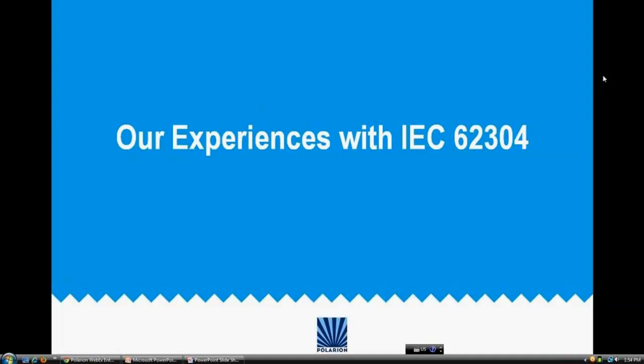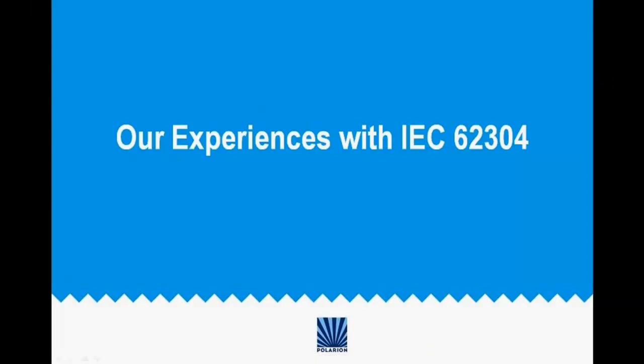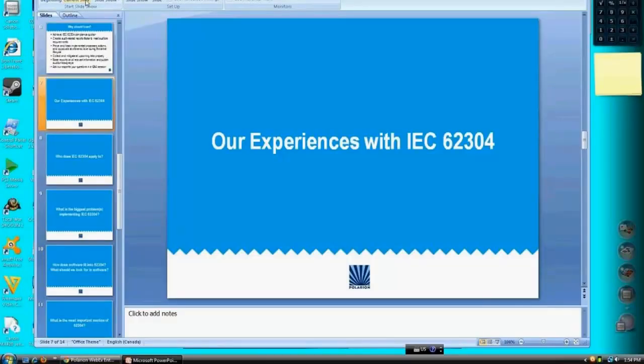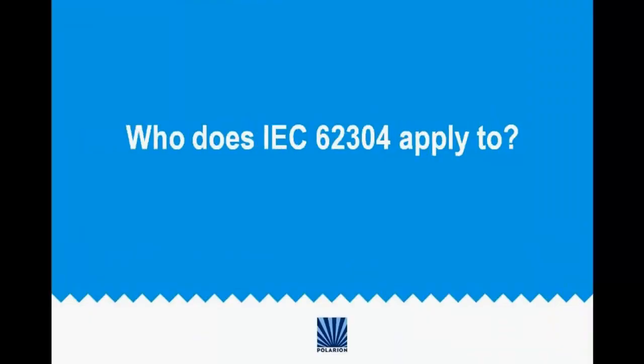When I work with very large companies, usually there has to be some type of significant trigger to why they're looking to adopt, in particular, the more iterative aspects of 62304 as opposed to their existing processes. Some of them are being driven by regulatory, where they need to have conformance for European standards. In other cases, it's seen as a business imperative due to competitive pressures. They're looking to be more responsive and get more value out of their people and their processes.